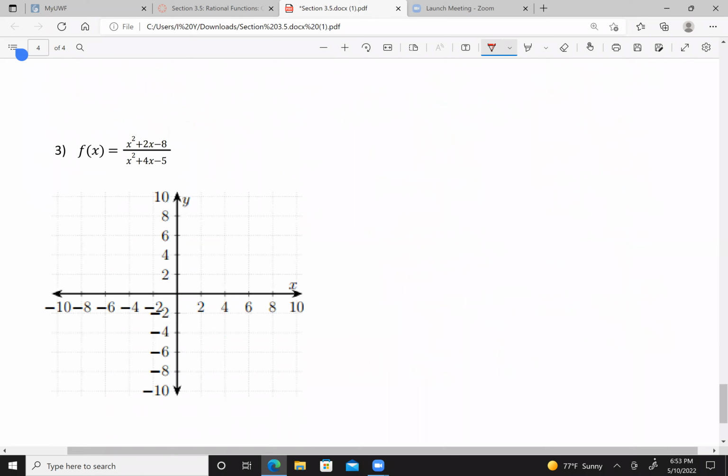One more to look at. Again, the degree of the numerator and the degree of the denominator are the same. So that gives us y equals 0. Set the denominator equal to 0. x squared plus 4x minus 5 equals 0.